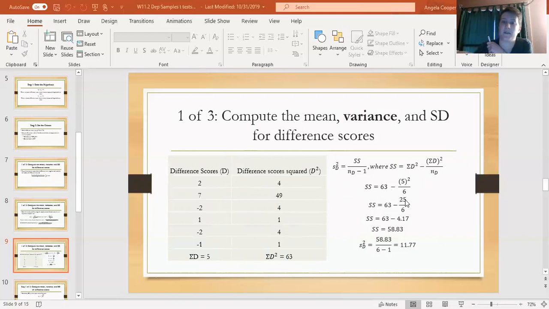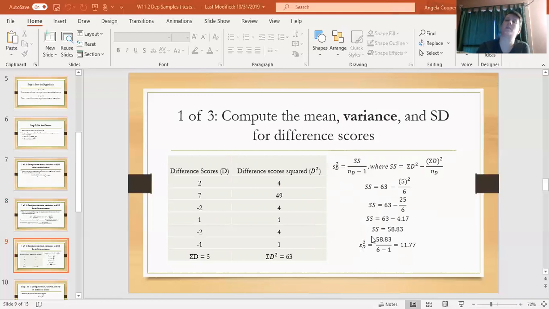PEMDAS tells us that 25 divided by 6 is 4.17. So then we do 63 minus 4.17, and that gives us 58.83. So our sum of squares is 58.83. And then we divide that number by 5, or 6 minus 1. So our variance for the difference scores is equal to 11.77.